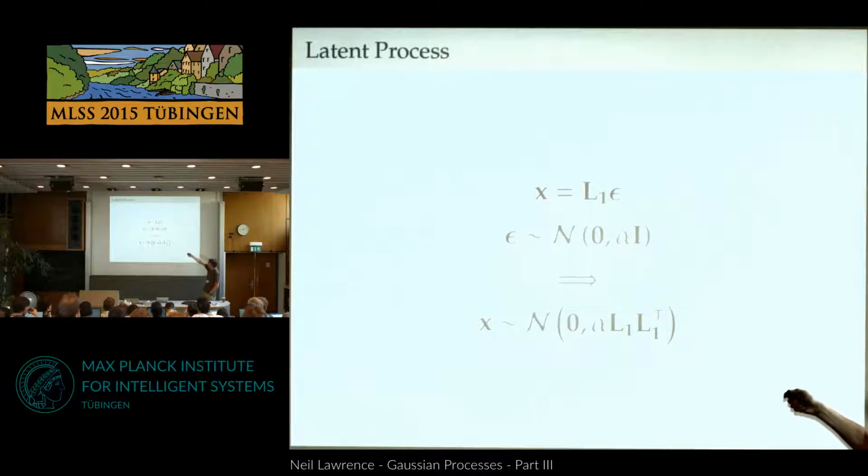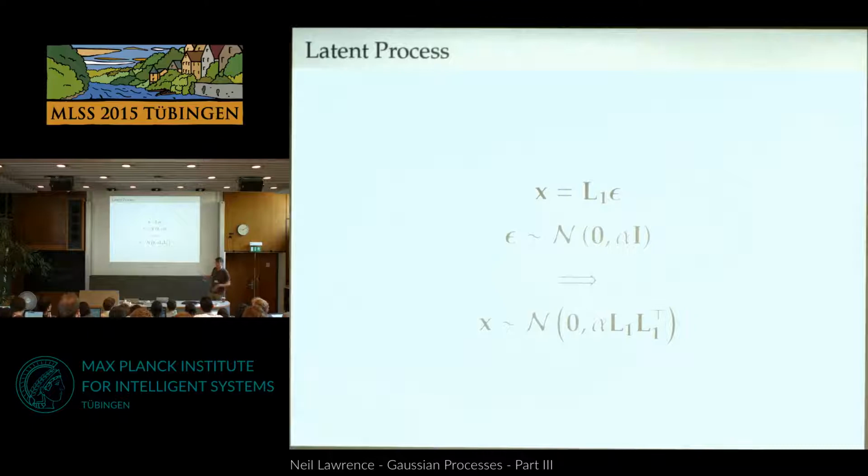If x is given by L1 epsilon, so why I've used that notation, I'm not using it as an index, it's a lower triangular matrix of 1s. And epsilon is given by this process here, sampled from a Gaussian with alpha I, then the process for x has this form. This is what it looks like as a Gaussian process. Discrete time process, right? There's no notion of continuous time in here.